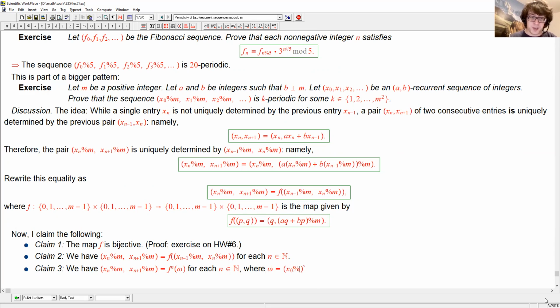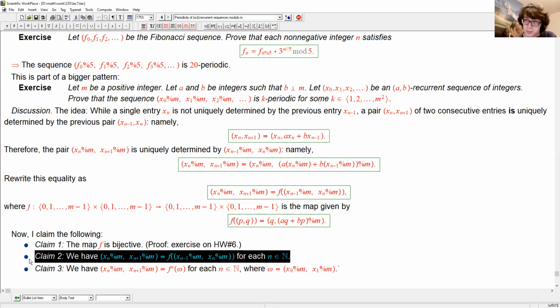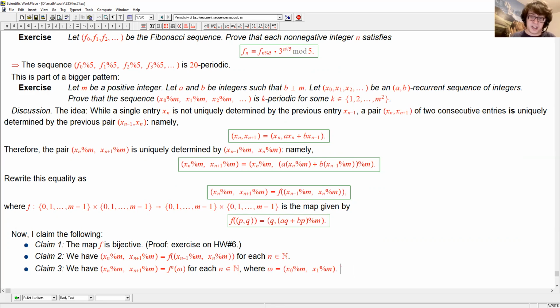Omega is the pair of the first two remainders. So you take the first two entries and you take the remainders modulo m. That pair will be omega. And the claim is if you want any two consecutive remainders, you just apply f n times to this omega. This follows from claim 2 by induction. Again, the details are an exercise.